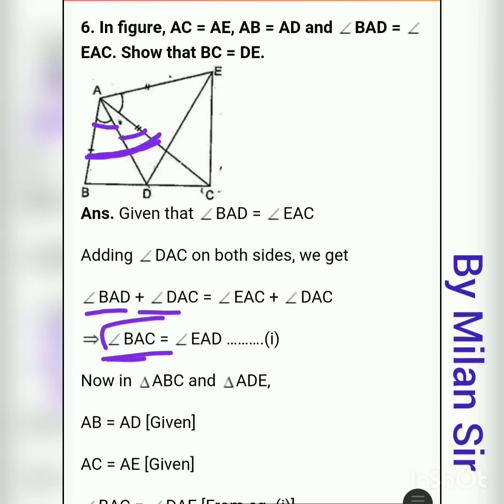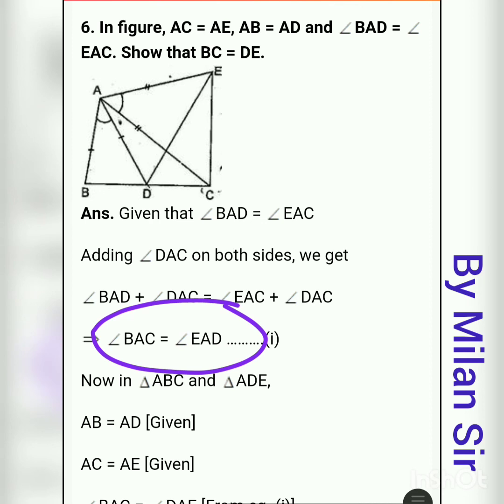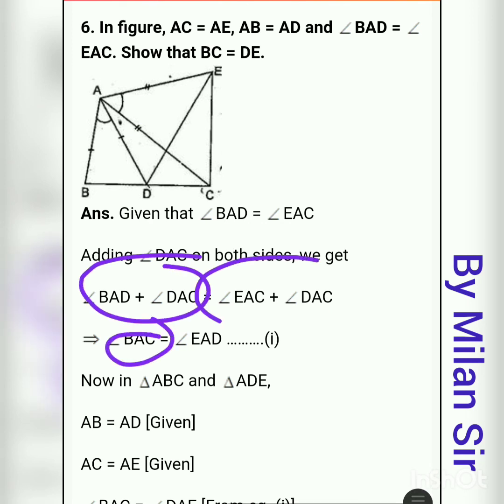Same thing, angle EAC plus angle DAC is the full angle EAD. So we get BAC is equal to EAD. Again I repeat this process: this is given, now add the same part DAC on both sides. So here full angle BAC, here full angle EAD.